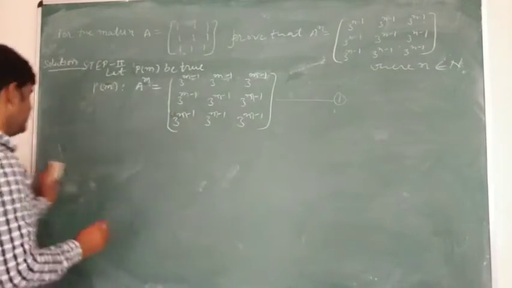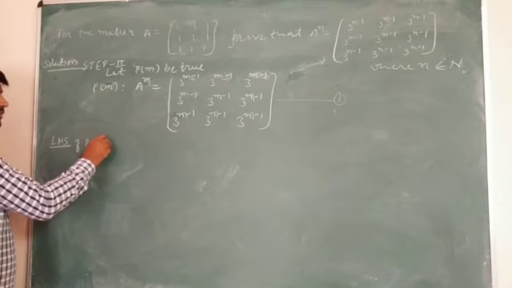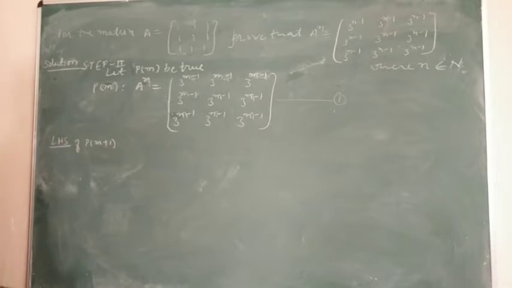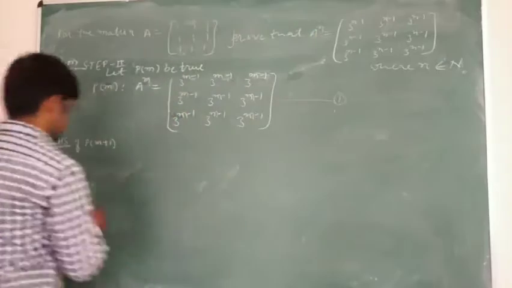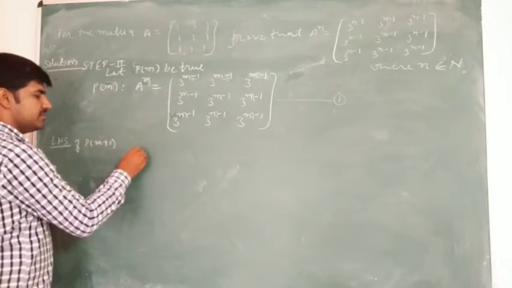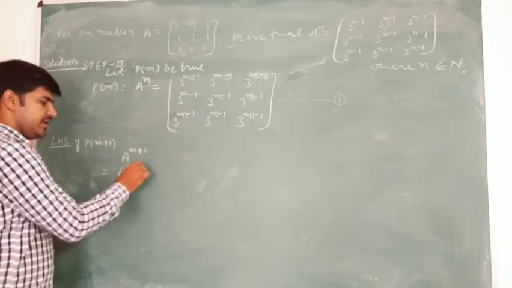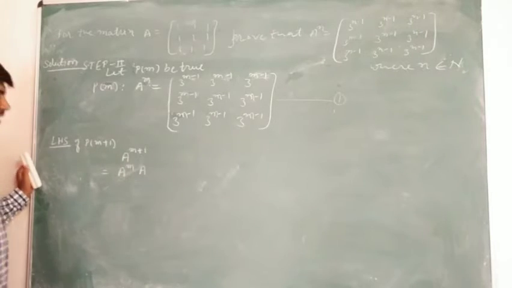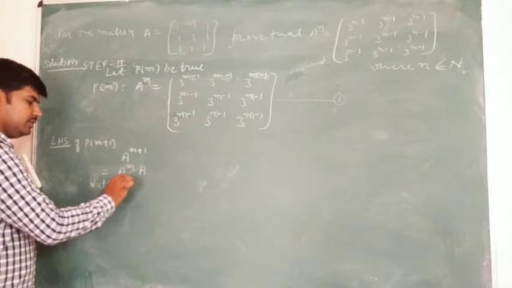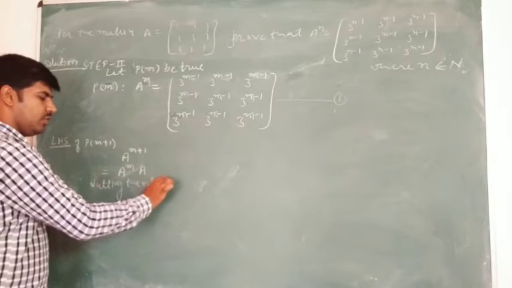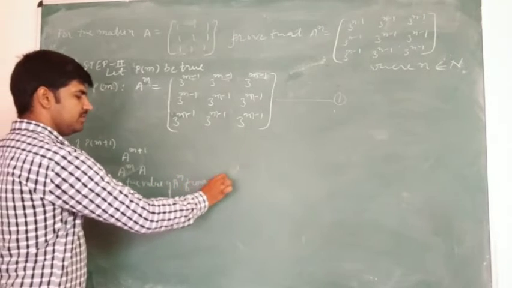Now I am finding the LHS of Pm plus 1. The LHS of Pm plus 1 will be A raised to the power m plus 1, and A raised to the power m plus 1 is equal to A raised to the power m times A. Here I am putting the value of A raised to the power m from equation number first.